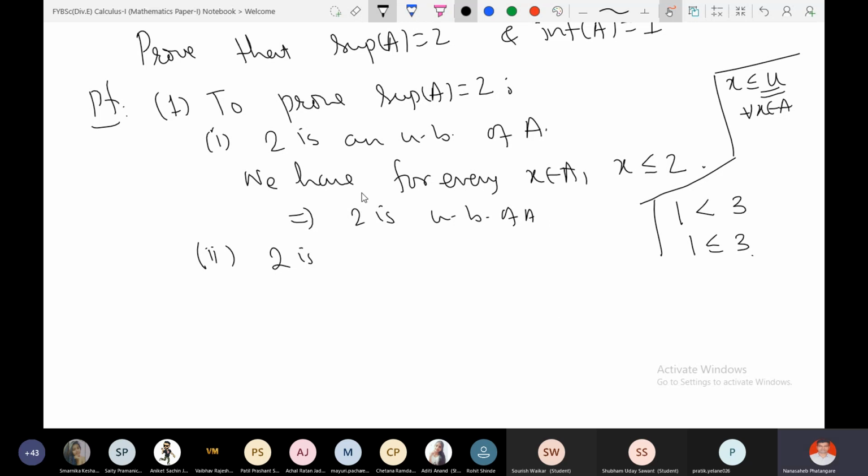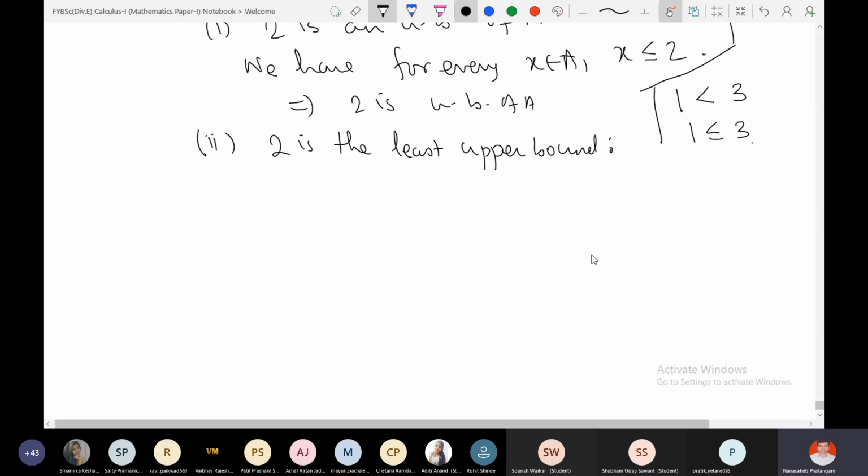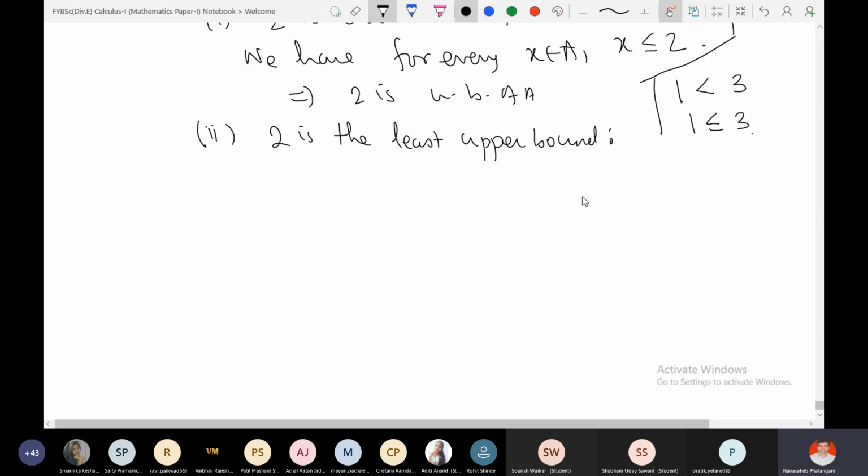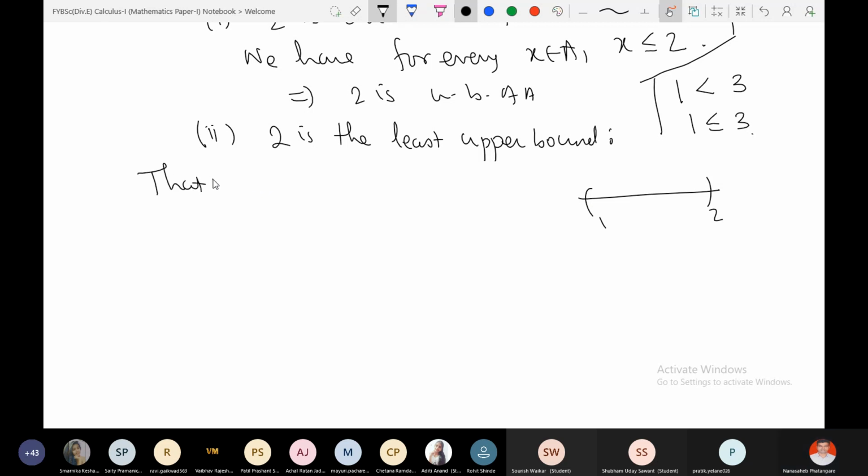Okay, so now 2 is the least upper bound. This we want to now verify. What is our claim?